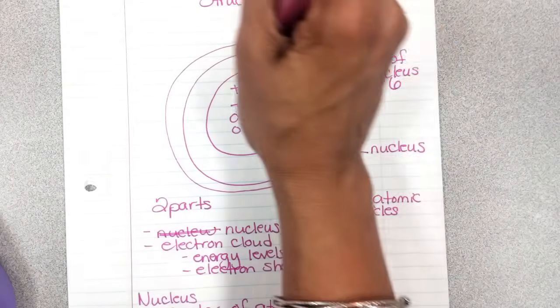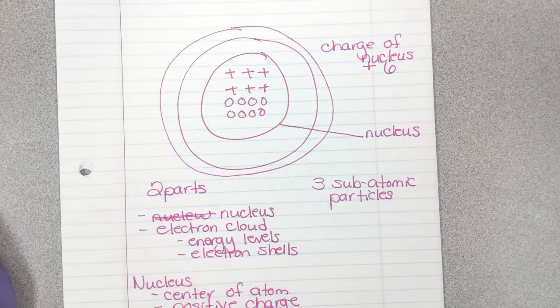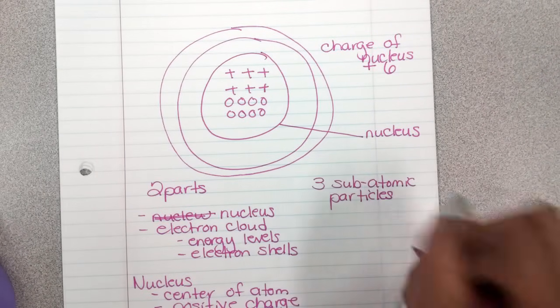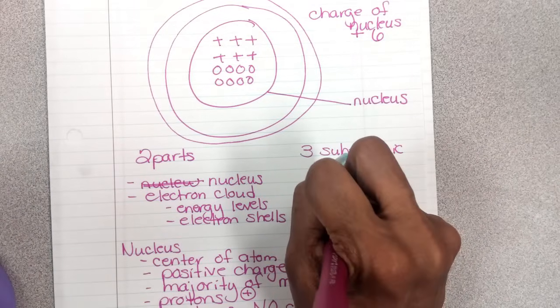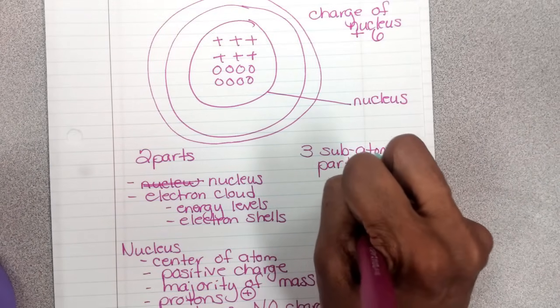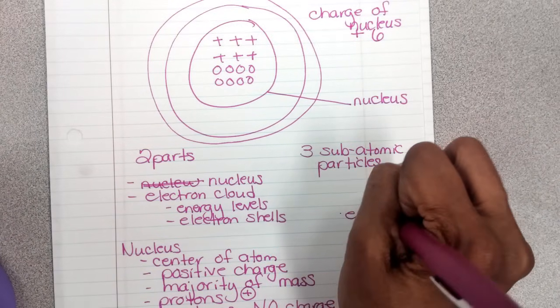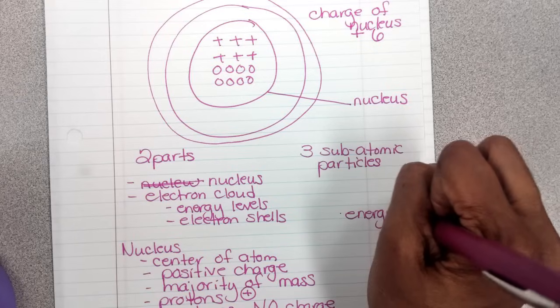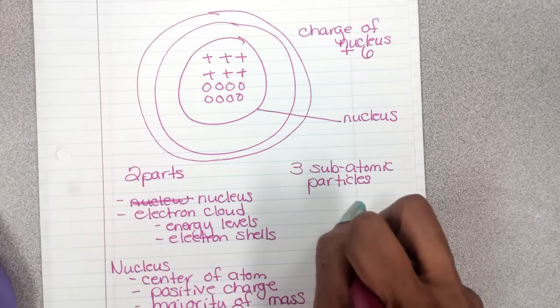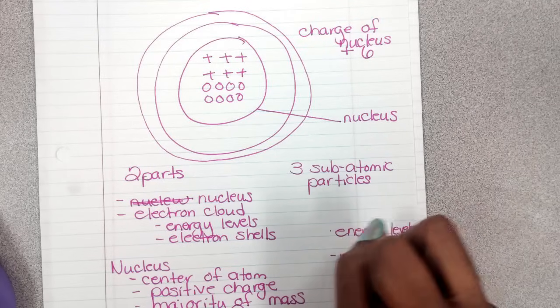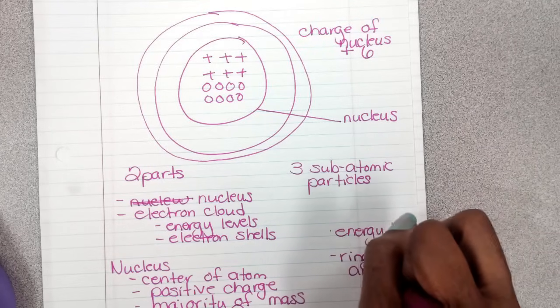Okay, the second part of the atom are the energy levels. These are the rings around the nucleus.